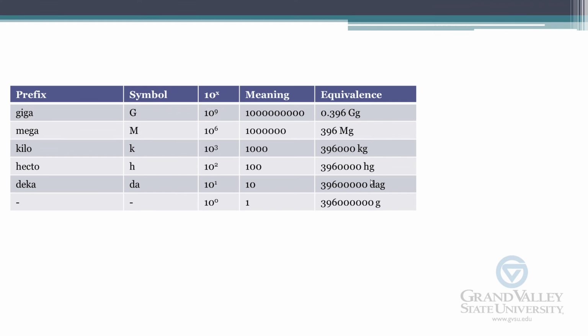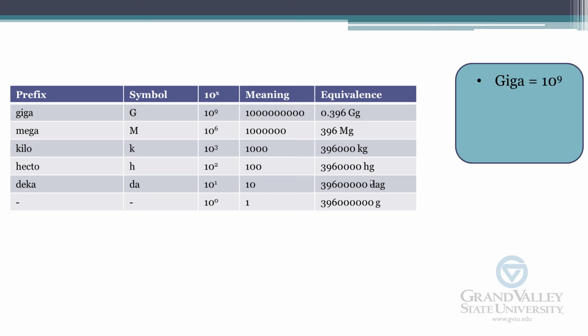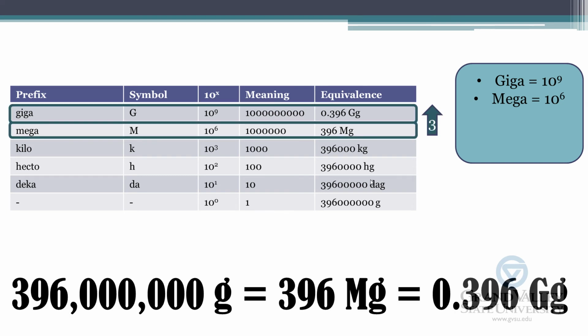Once numbers begin to get extremely large or extremely small, there are fewer common units used. For example, giga, which is 1 billion, or mega, which is 1 million, are common units used for really large numbers. This would turn 396 million grams into 396 megagrams, or 0.396 gigagrams.